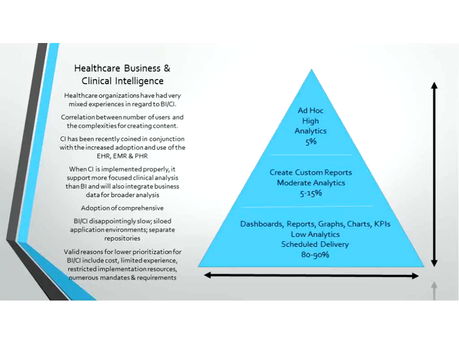However, when they survey different organizational executives and member groups like HIMSS, which stands for Healthcare Information and Management Systems Society, they indicate that they do plan to become proactive with projects like BI and CI.